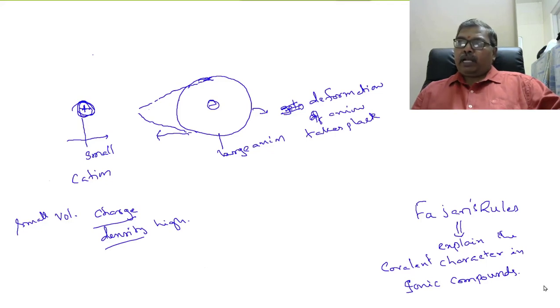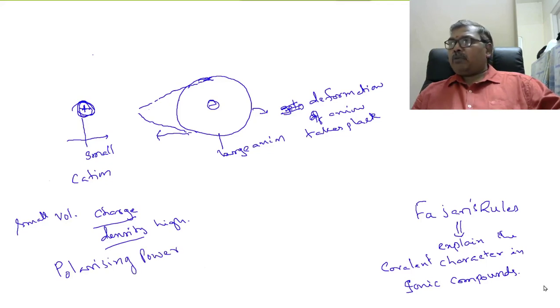This phenomenon of attraction of electrons present in the anion by a smaller cation is called polarizing power. Polarizing power is the phenomenon of attracting the electrons present in the outermost orbit of the anion towards the cation.